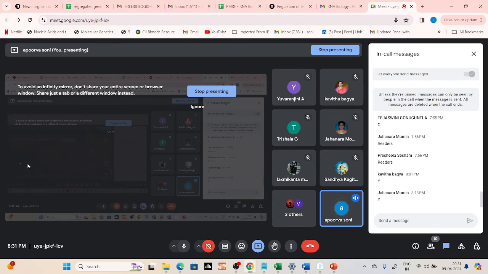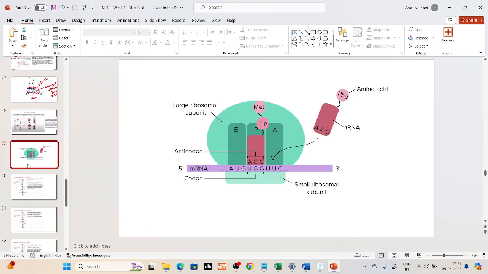Only when the translation has to happen, the larger subunit comes and binds to the smaller subunit. They are present separately. So this is your mRNA. mRNA is bound with the smaller subunit, and then the larger subunit comes and binds here.